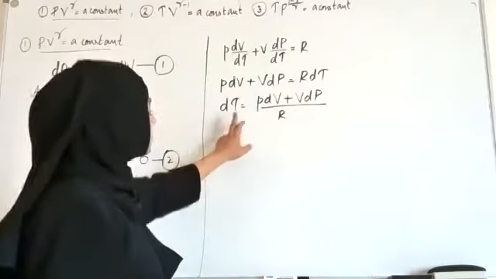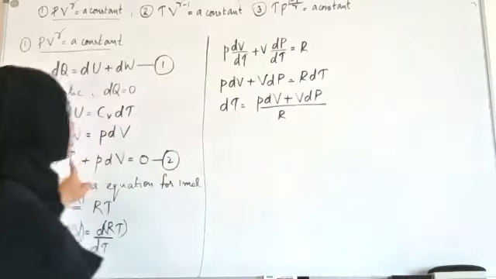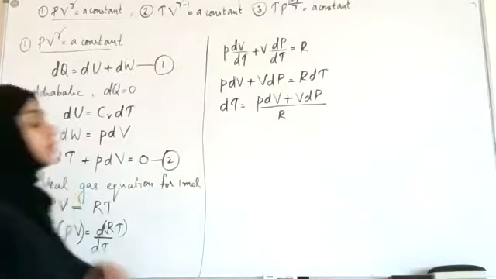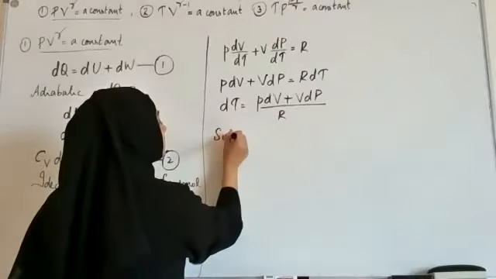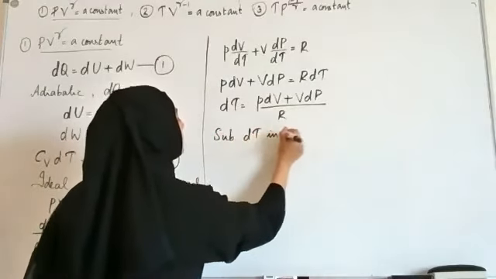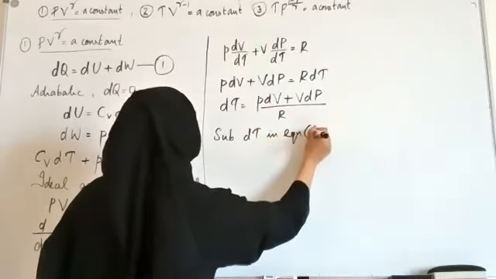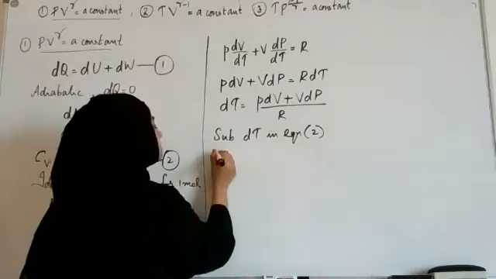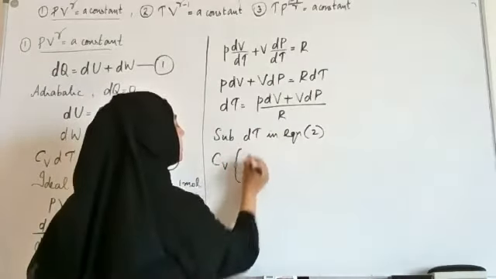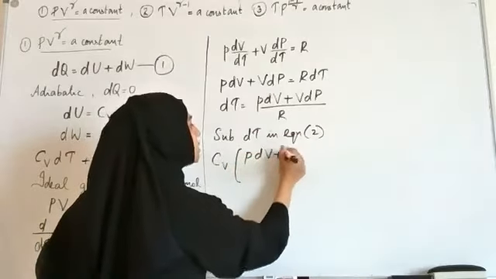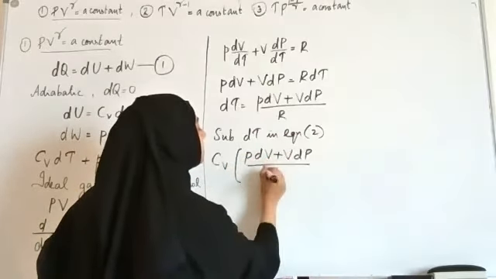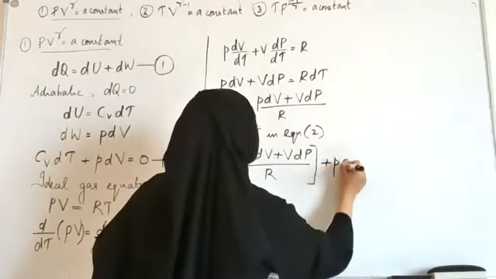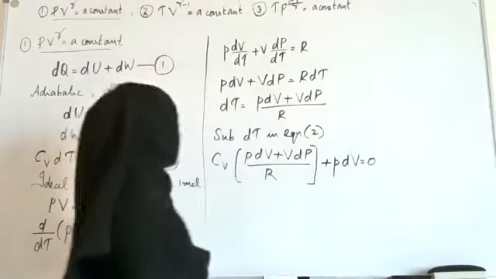And I'm going to substitute this value of dT in equation 2. So when I put that in equation 2, this will become Cv times (PdV plus VdP) divided by R plus PdV is equal to 0.